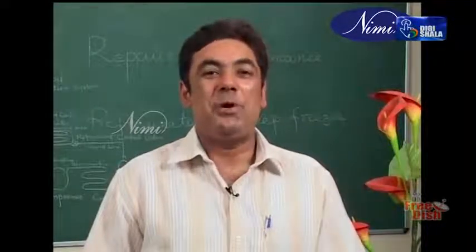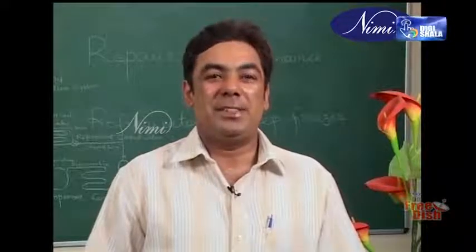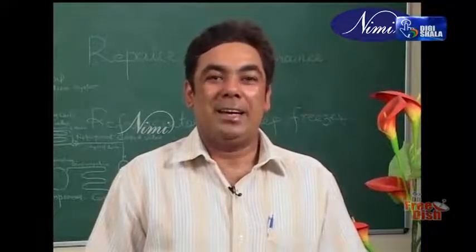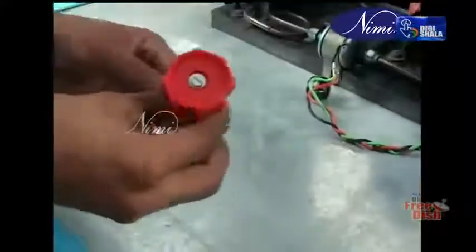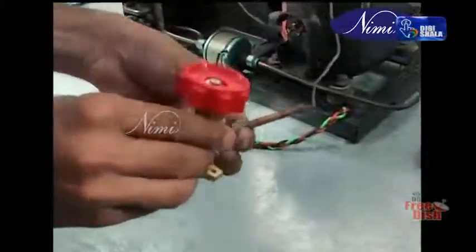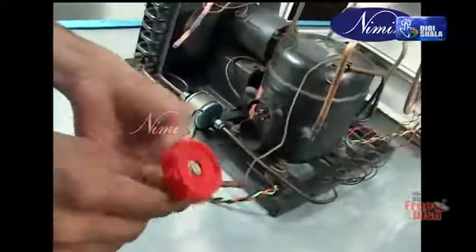Students, to show you in a better way, we have taken out the condensing unit so that you can see all the electrical and mechanical components with their working. First of all, install a hand shut-off valve on the process tube charging line of the compressor with flare connections.